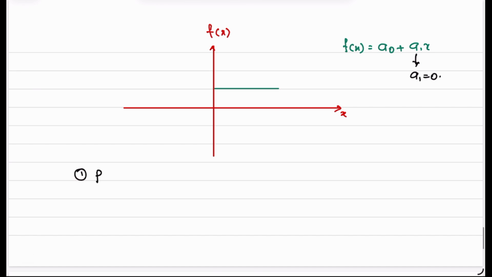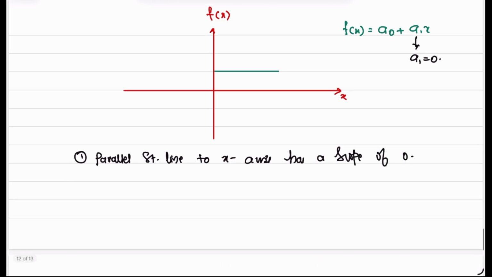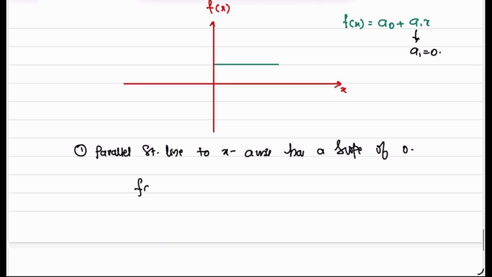A straight line parallel to x-axis has a slope of 0. Why is it so? The formula is slope is equal to function x2 minus function x1 by x2 minus x1.